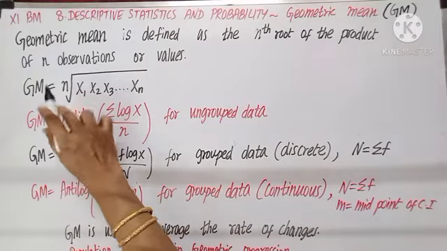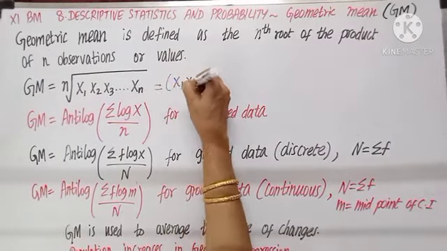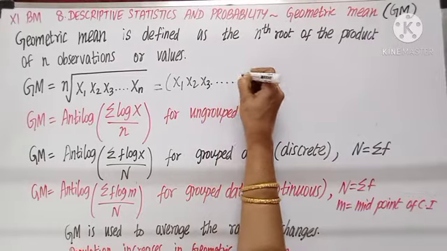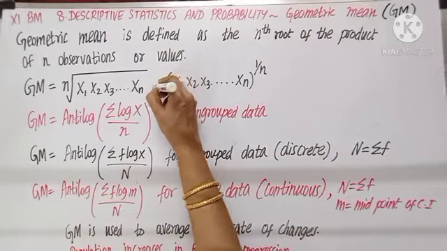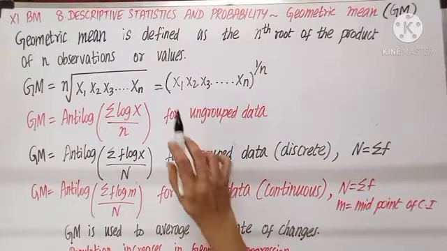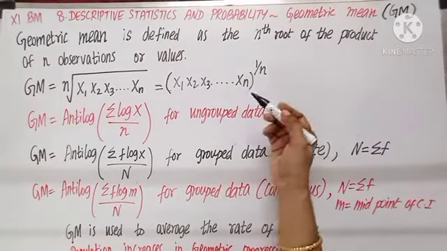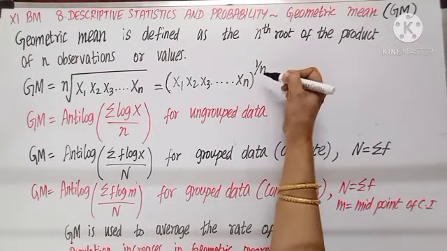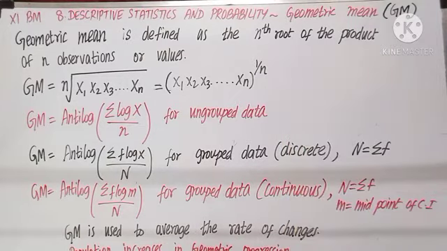What do you mean by nth root? I say multiply all and then take the whole power 1 by n. As it is, we know multiplying n terms itself is difficult. Further, to find the nth power will be still more difficult.